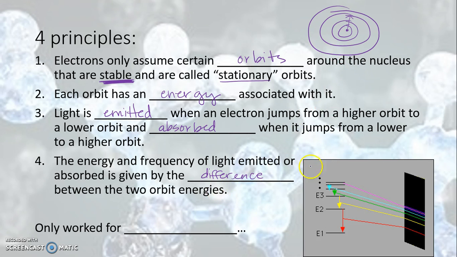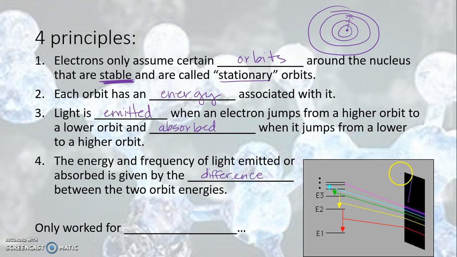So the amount of light, like on this hydrogen atom, remember we talked about how the lines or the light that's given off is broken into spectra, and we can see this would be an emission spectra because it's black here, and then it shows the different lines that are being given off.